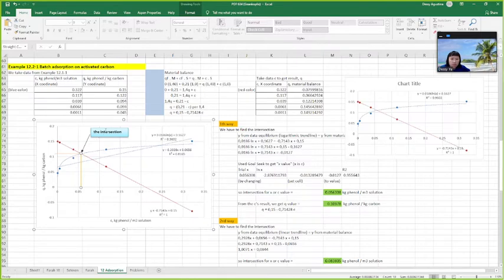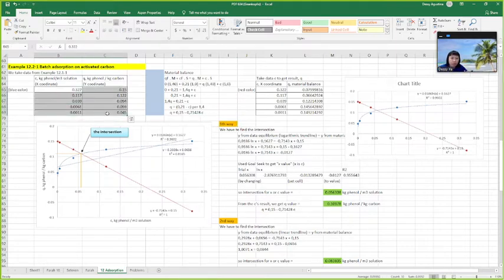This is the intersection of the equilibrium data and the material balance equation here. So here I will show you the first way, because I assume the equilibrium data from example 12.11 is logarithmic.